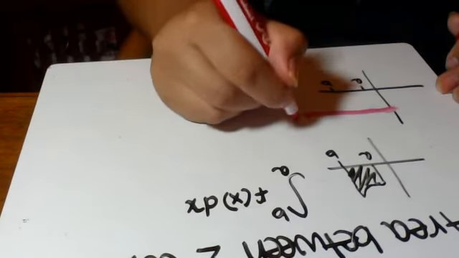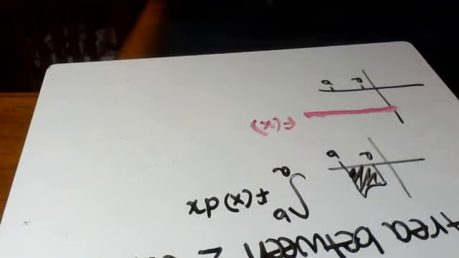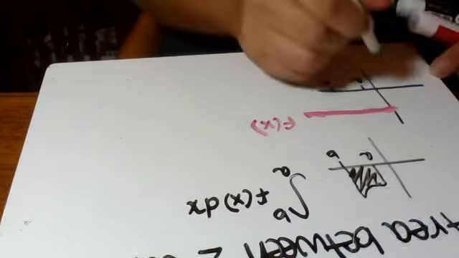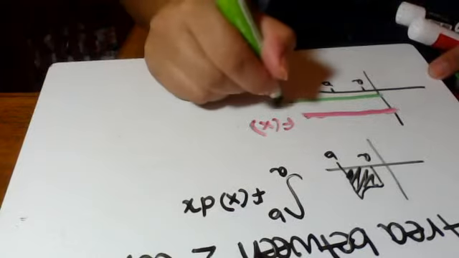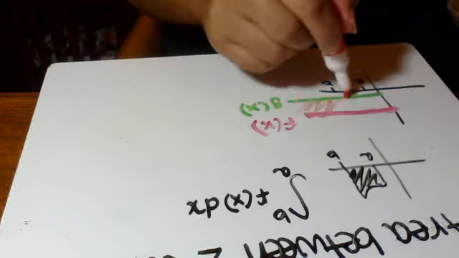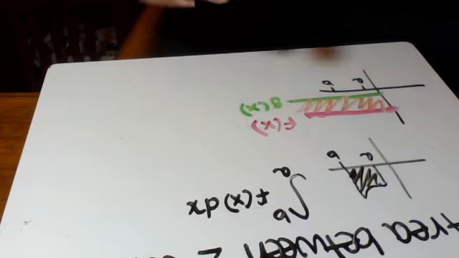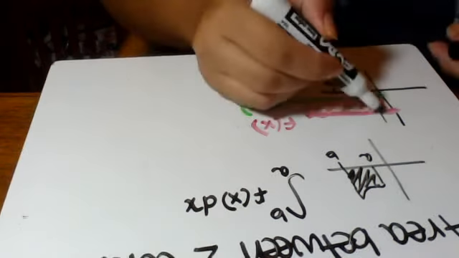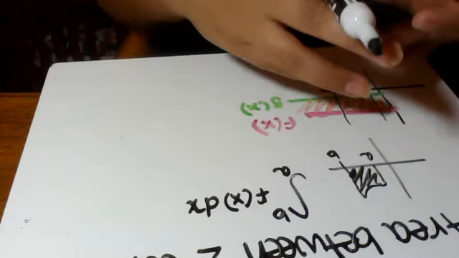That's your f of x, and you probably have another one going somewhere around here, and that'll be your g of x. They're asking you to find the area in here. But remember, they're giving you this whole thing, but you're only required to look at this section only. So you can forget the rest.